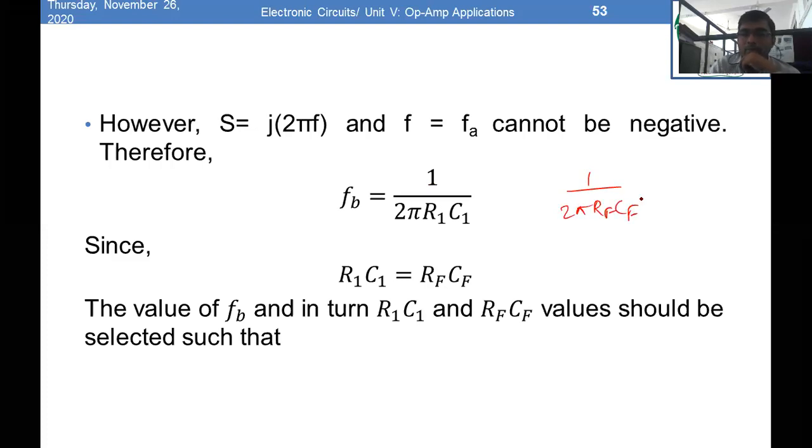Both are correct because we have taken the product R1 C1 to be the same as RF CF. Okay. The value of FB is selected in such a way that it should lie between FA and FC. Okay. So FC is the frequency at which the gain becomes equal to 0 on the decibel scale. Okay.